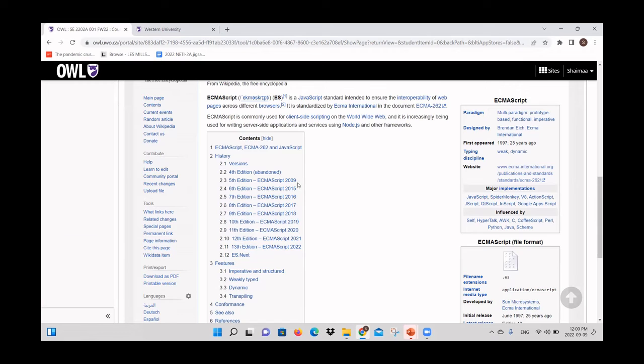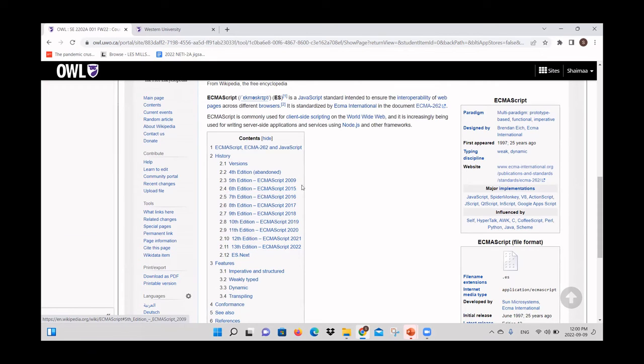Now you can see here there's a big jump between 2009 and 2015. Earlier they used to call the versions by just a number, so 5, 4, 3, stuff like that. But later on they changed that and used the year the version was introduced. So this used to be called ES6, but now it's called ECMAScript 2015 to indicate the year.